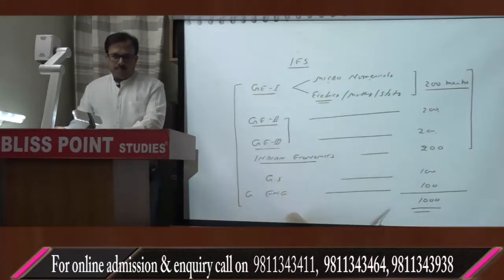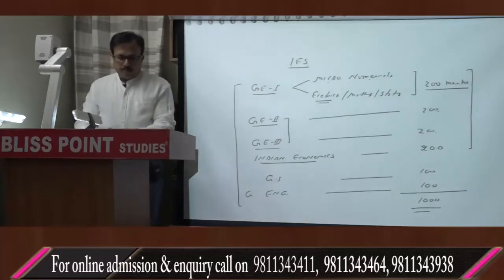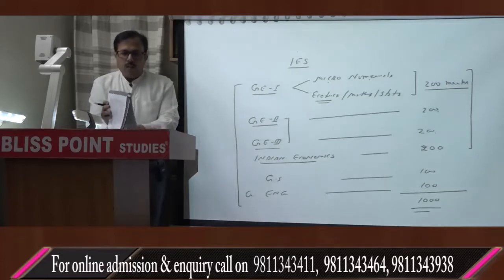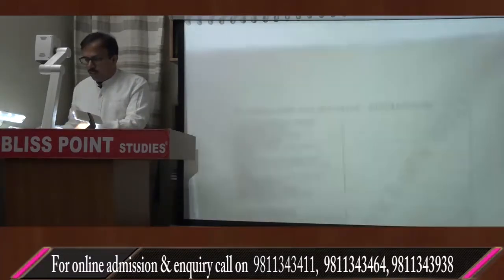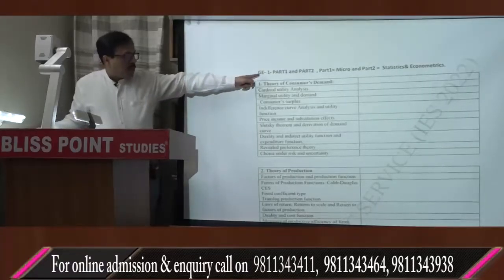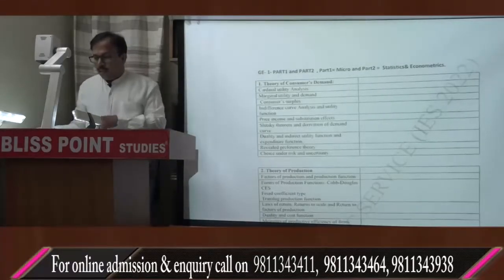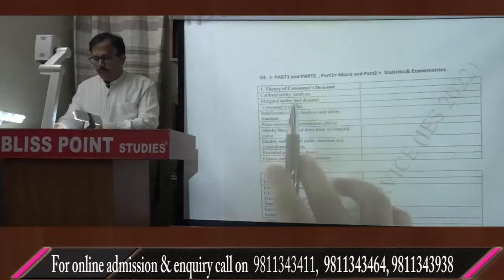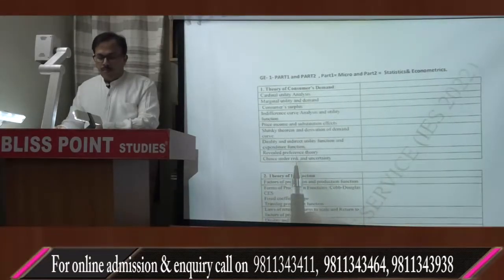The syllabus of each is there on the UPSC site, and we have basically simplified it topic wise. You will find everything on our site, and once you get access to the lecture, you will find that. So for example, General Economics first part includes the theory of consumer demand. Now within that theory of consumer demand, what are the various subtopics?